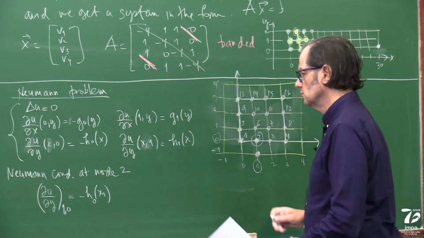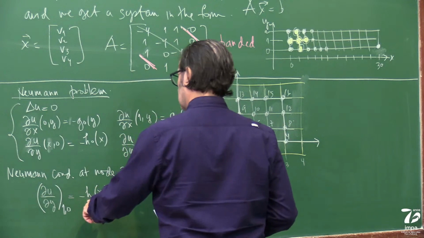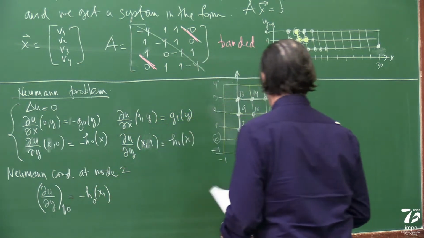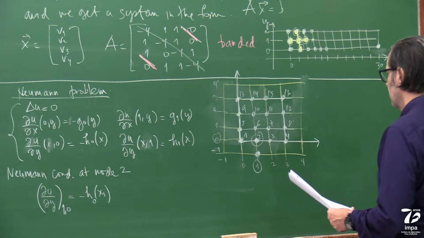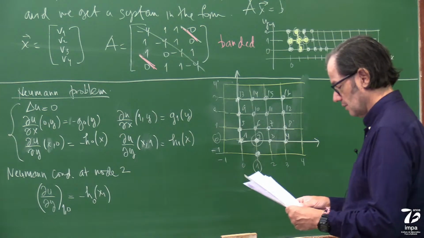This is node 2. This is going to be minus, because the normal derivative, the h at x1. Now, how am I calling x1? My notation here is not good.